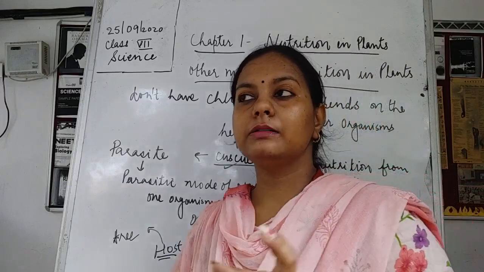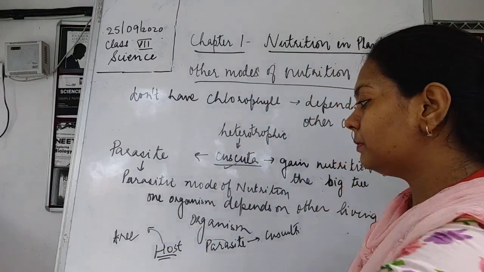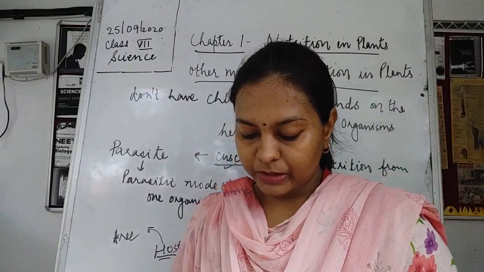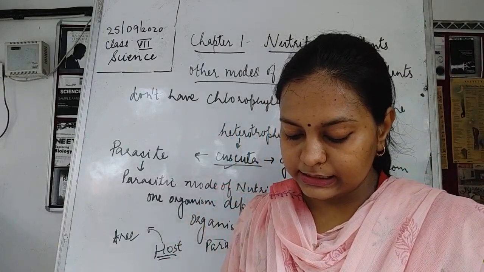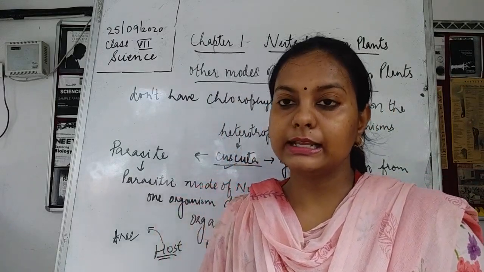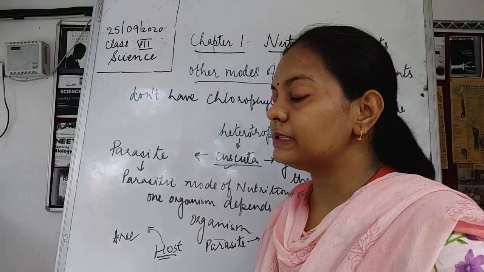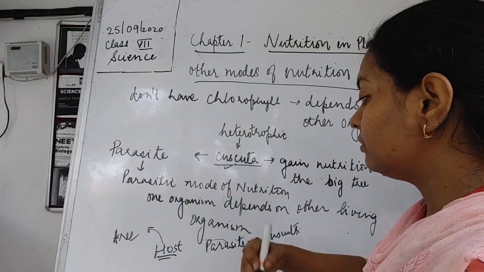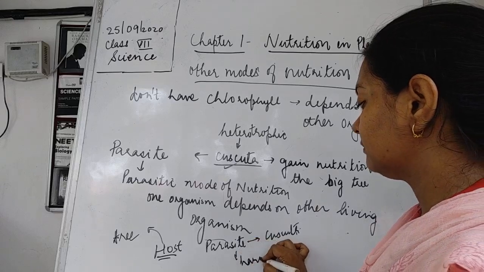The plant which is dependent on it is the parasite. Since it deprives the host of nutritional value, Cascata is said to be a parasite.